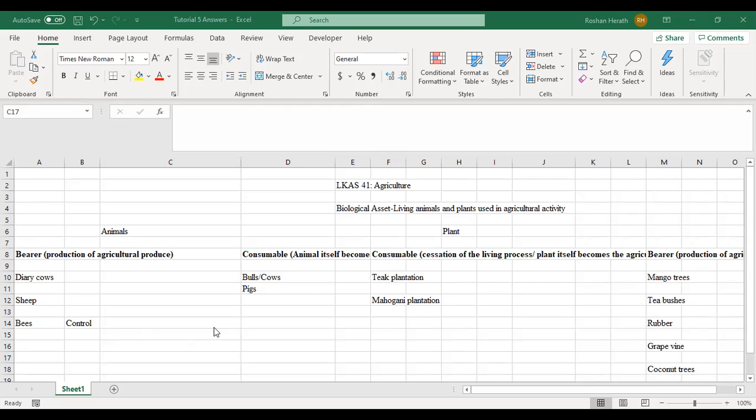So likewise, this is about the biological assets, right? Then you might wonder what is the very purpose of this classification, because that is particularly important.